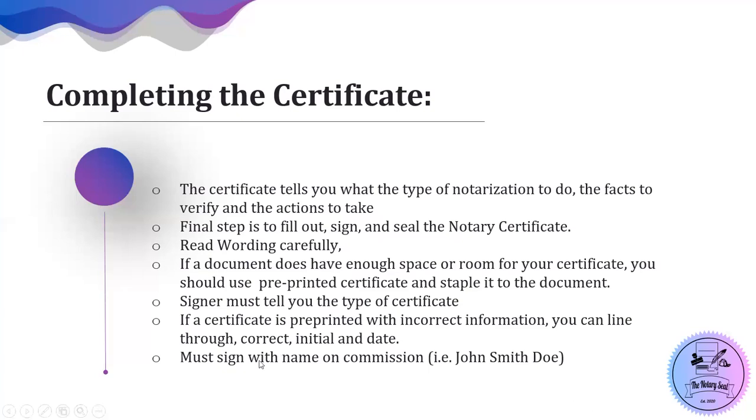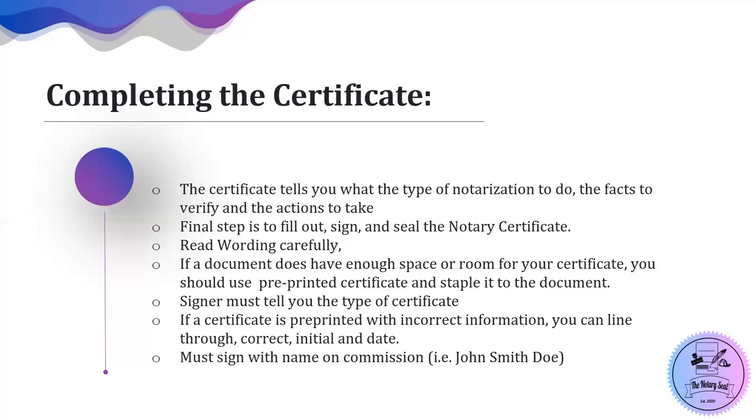Okay, and then you must sign with the name on your commission. So you're going to get a notary commission. If you're not a notary already, you will have to become one, and you have a commission. If you are a notary, then however you registered when you signed up to be a notary with the state is how you're going to sign.